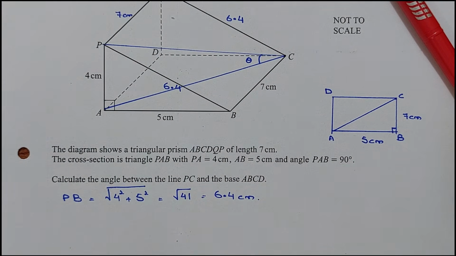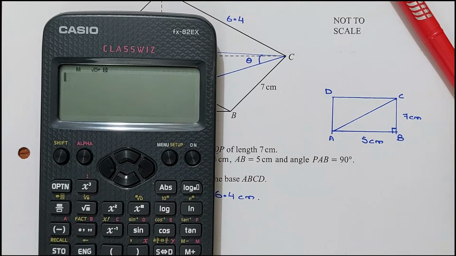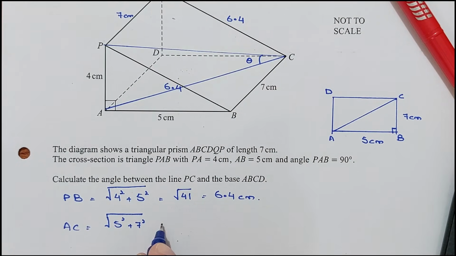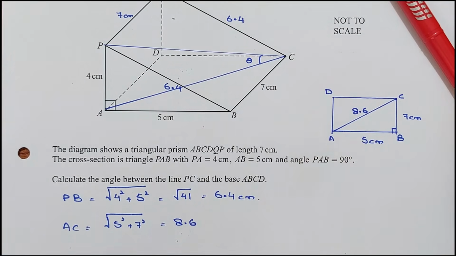So AC is the square root of 5 square plus 7 square. 5 square is 25, 7 square is 49. 25 plus 49, and the square root is 8.6. This is 8.6.